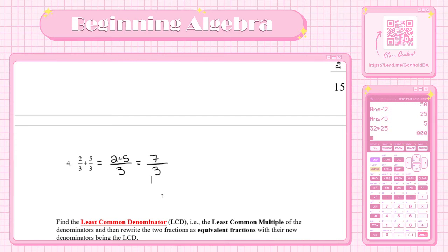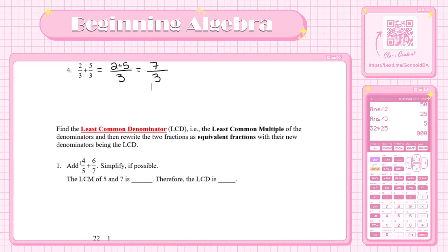And all the LCD is, is the least common multiple of the denominators. So if you want to add two fractions, first you find the LCM of the denominators, which is known as the LCD. And then you rewrite the fractions with that new denominator using the concept of equivalent fractions.